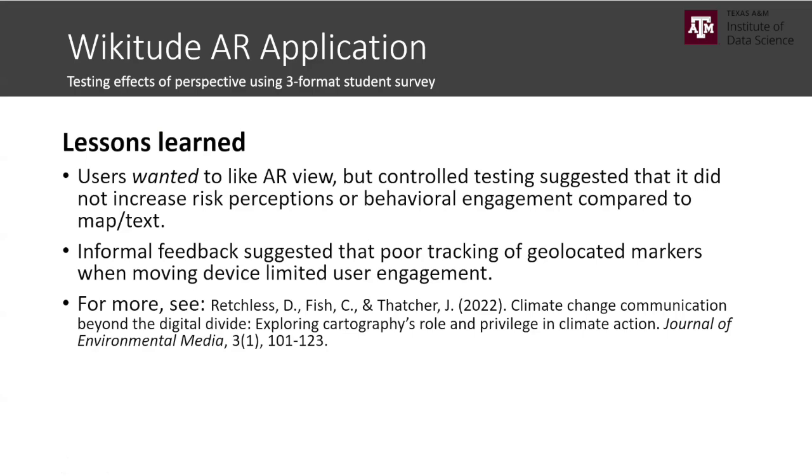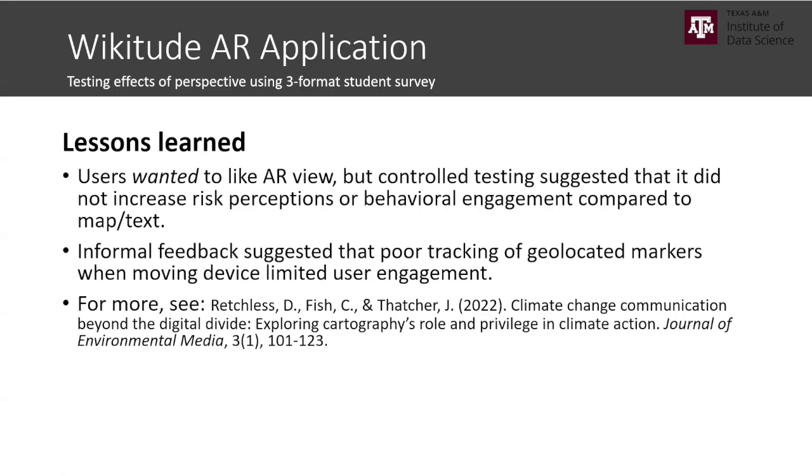So that's kind of the conclusion I drew here. It seemed like my users really wanted to like the AR view. It's also based on some of the informal feedback I received, but it didn't, in the testing pre-post with random assignment, increase risk perceptions or behavioral engagement. So kind of a mixed bag.